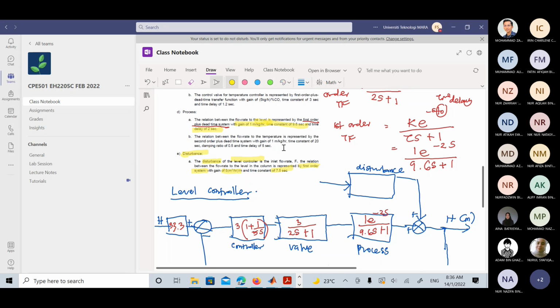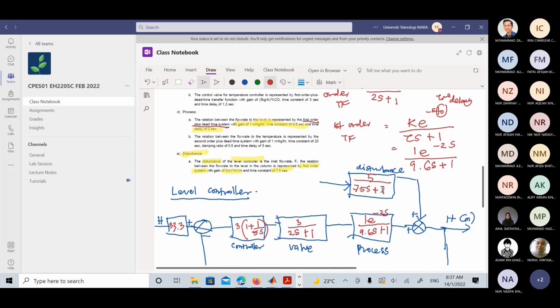So how do we write down the transfer function for disturbance? So basically it is same with the process punya transfer function, first order transfer function, which is K divided by tau s plus 1. So that is the transfer function for disturbance. So kita kena tulis the gain given is 5 divided by the time constant is 7.5 s plus 1.